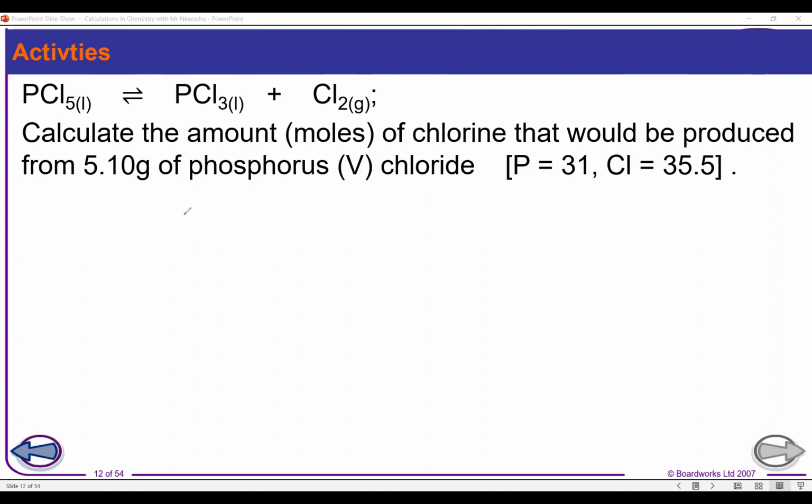They want us to calculate chlorine, that means an independent chlorine. And then they gave us information about phosphorus pentachloride. So which one is phosphorus pentachloride?